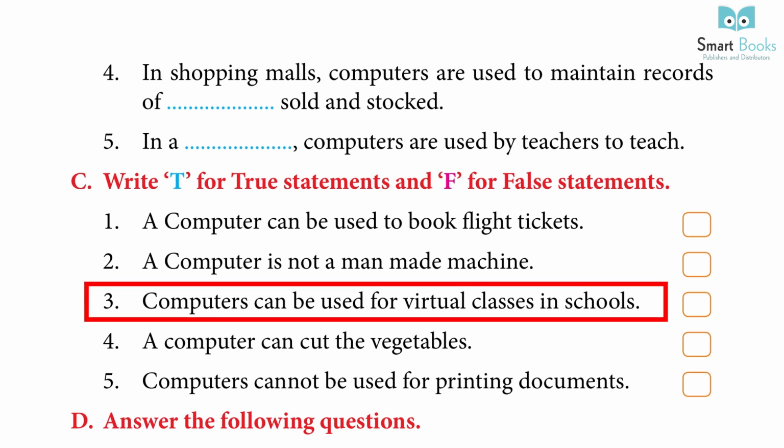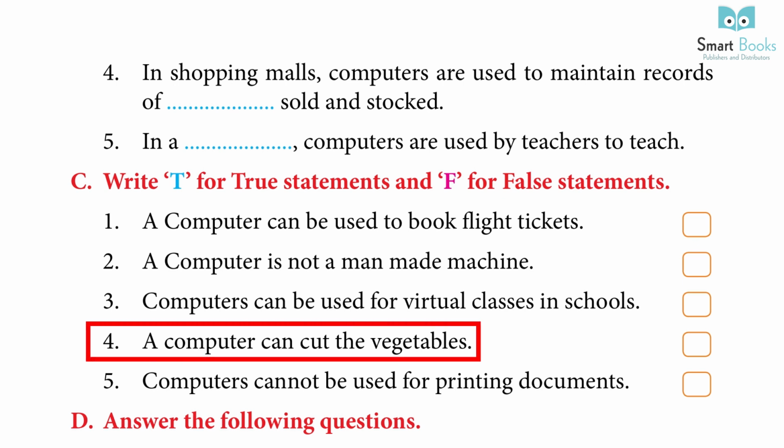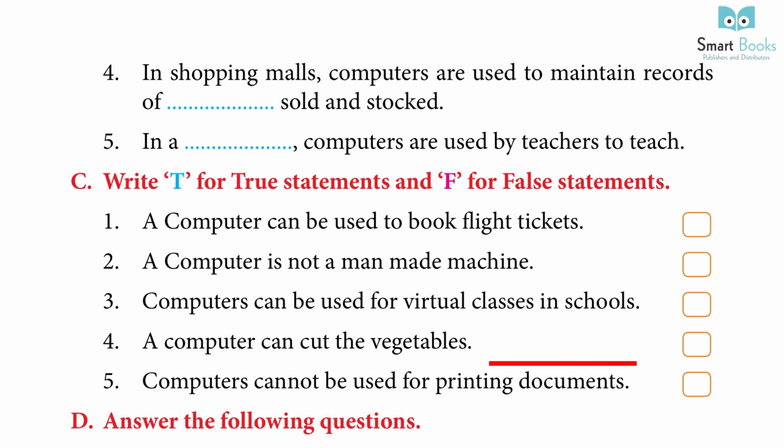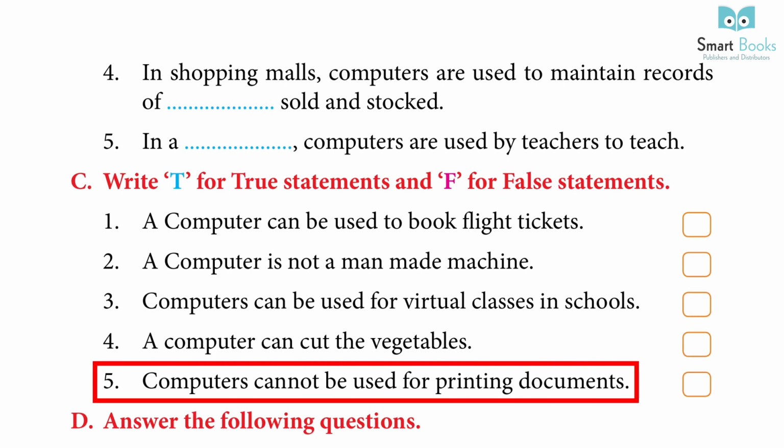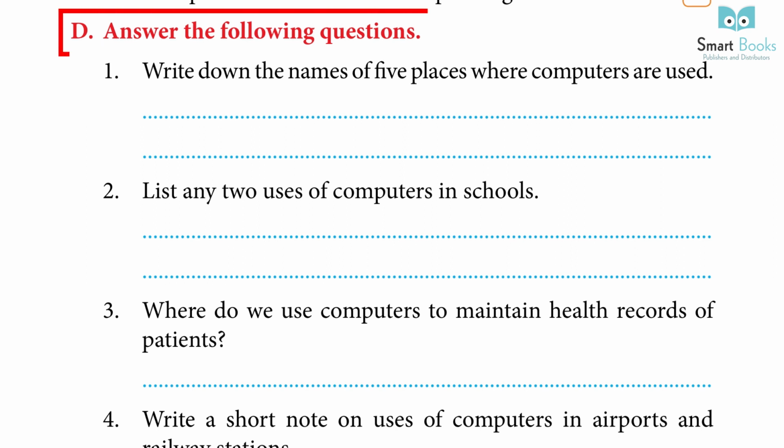Computers can be used for virtual classes in schools. Answer: true. 4. A computer can cut the vegetables. Answer: false. 5. Computers cannot be used for printing documents. Answer: true.